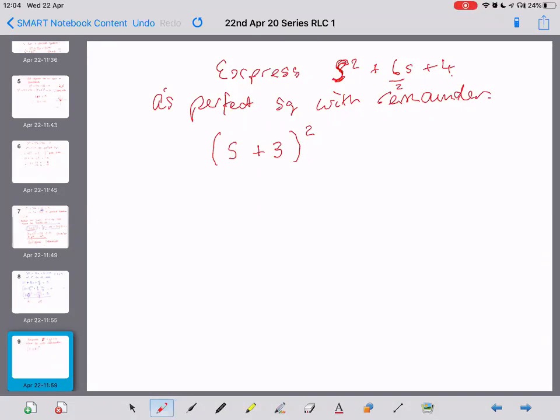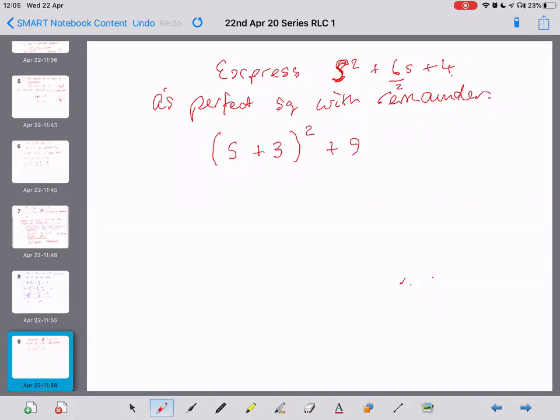If we multiplied that out, Peter, s plus 3, we'd end up with a constant of 9 on the end, wouldn't we? Yes. We want to get to 4.